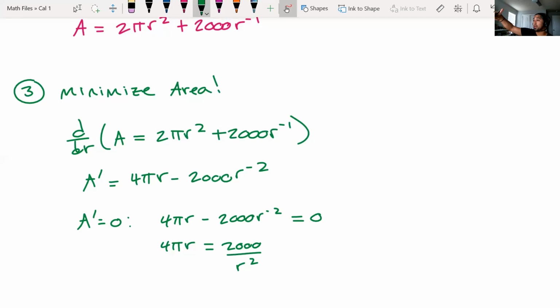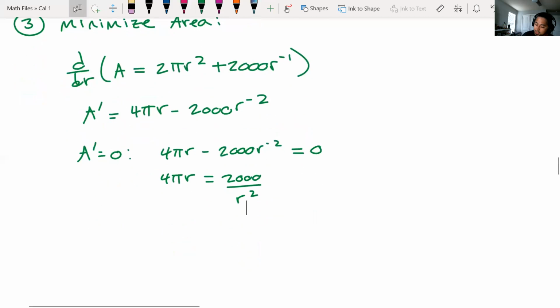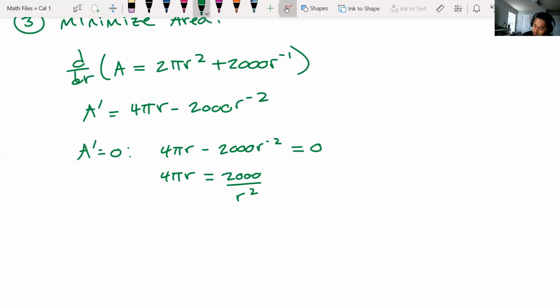So we take that r to the negative 2 and we flip it over. Now multiply it to the left side. You'll get 4 pi r cubed equal to 2000. And then divide by 4 pi, and r cubed equals 2000 over 4 pi.